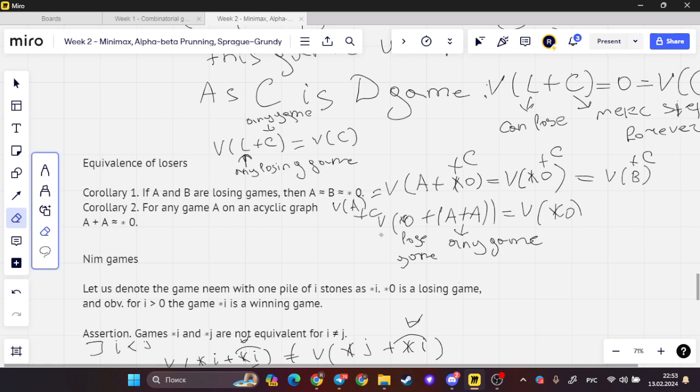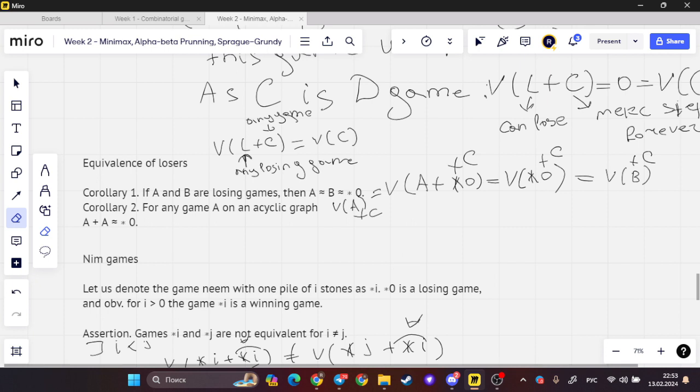We have already proved that A plus R, a game, is a symmetrical game. In this symmetrical game the first player always loses using the symmetric strategy.